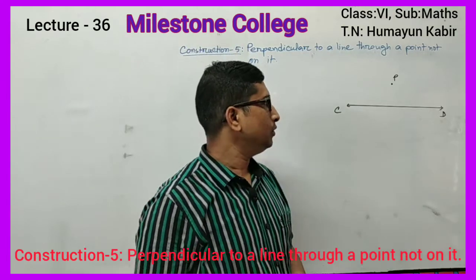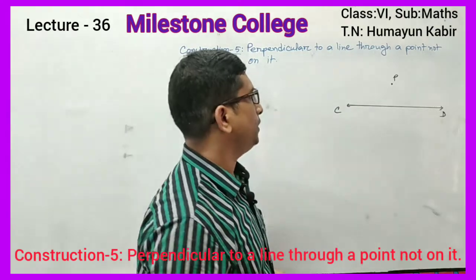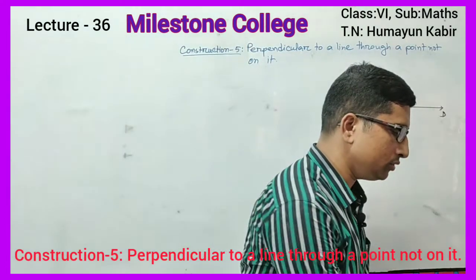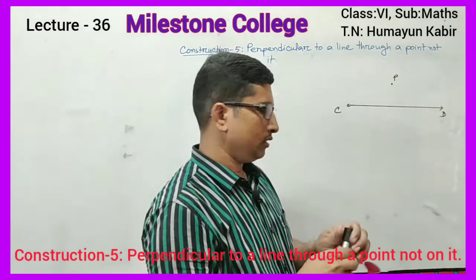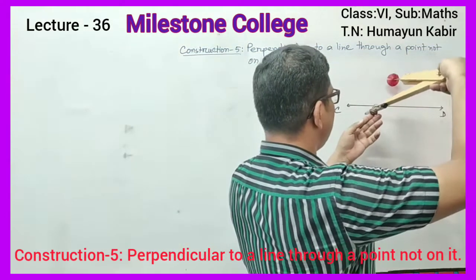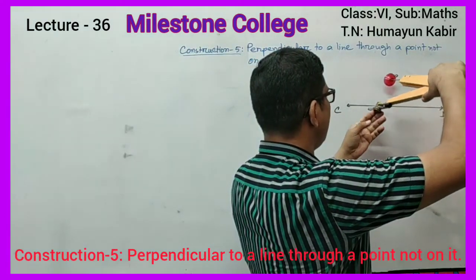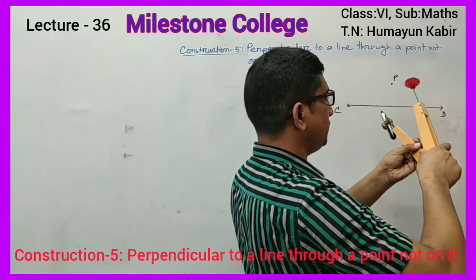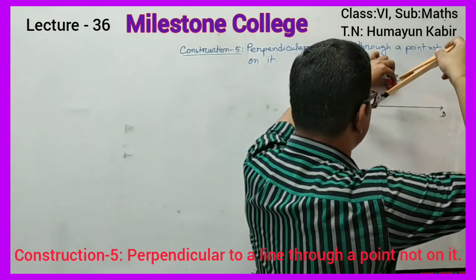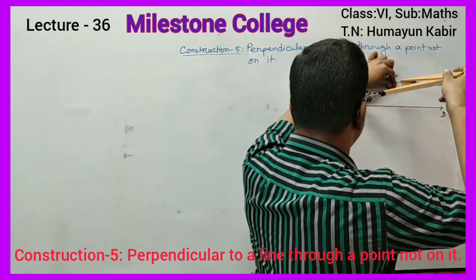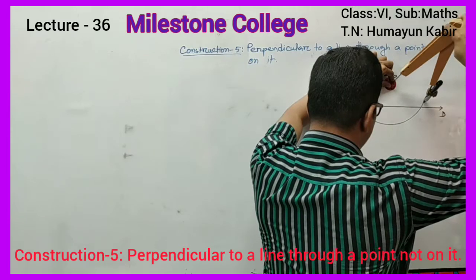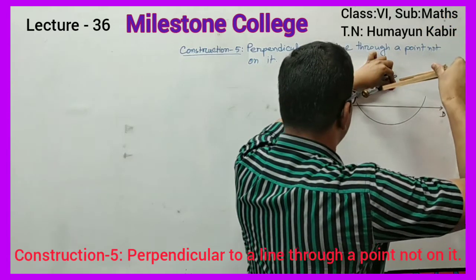Now we will draw a perpendicular to the line through this point. Now look here, how will we draw? Taking a suitable radius and with P as a center, we will draw one arc like this way.